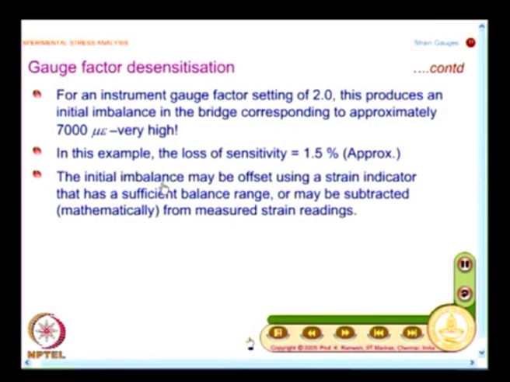See, you may be able to offset if the strain gauge meter is capable of accommodating 7000 micro strain. If you are unable to do it, you have to note down the initial value and then final value and find out what is the strain. There is no other go.